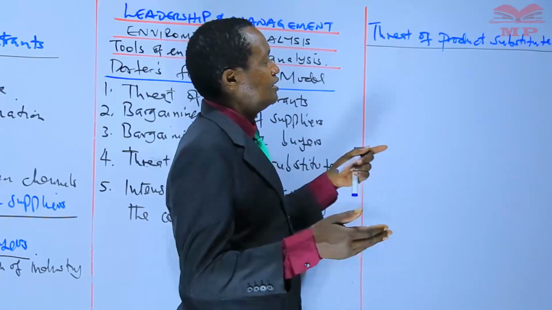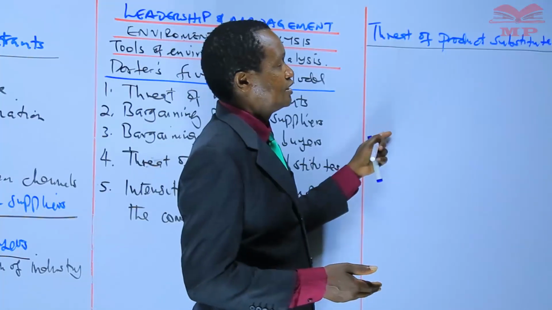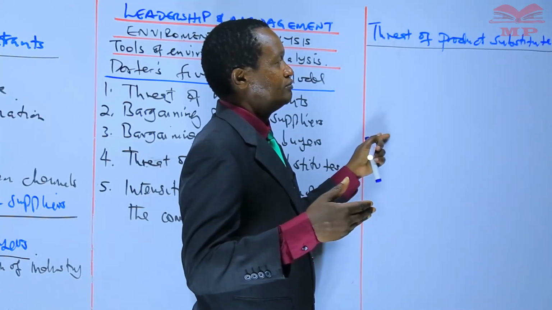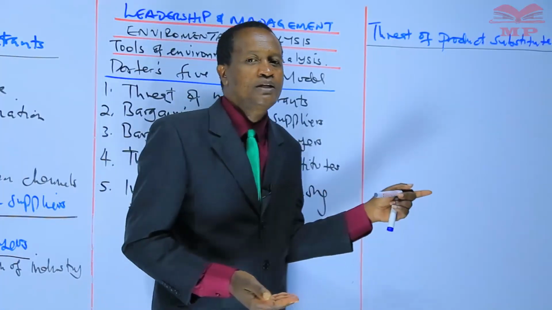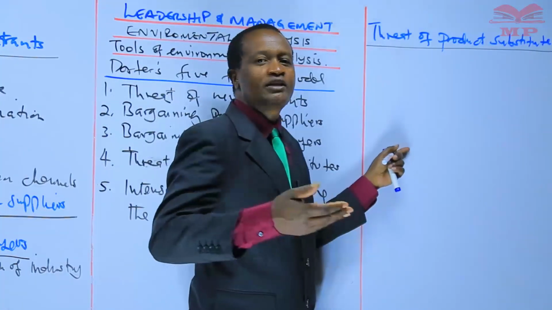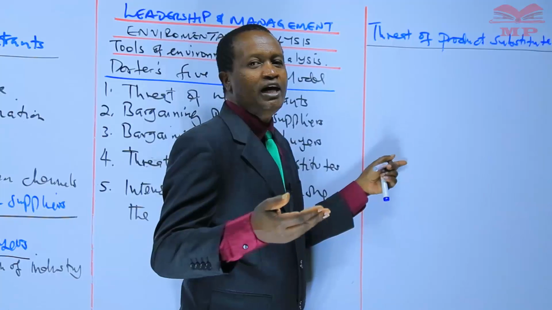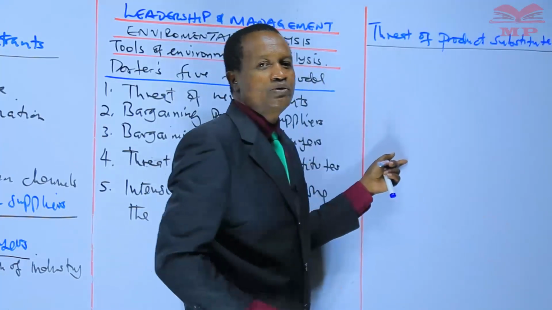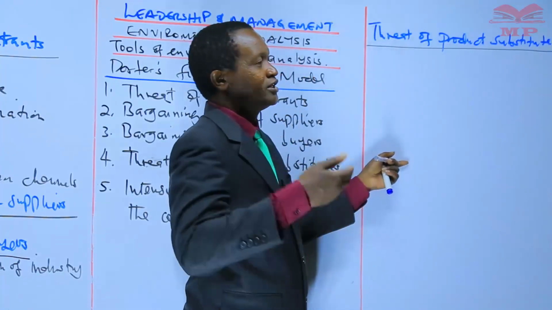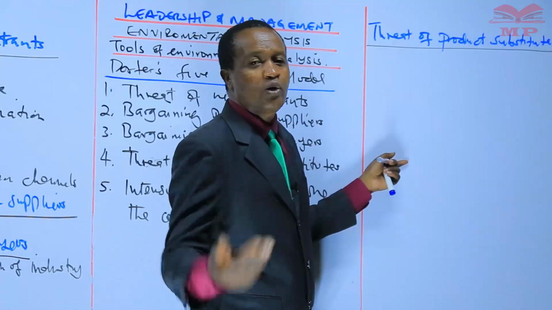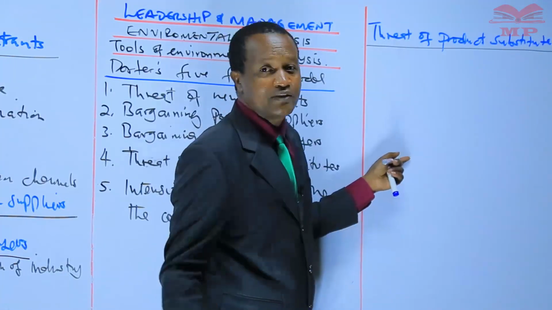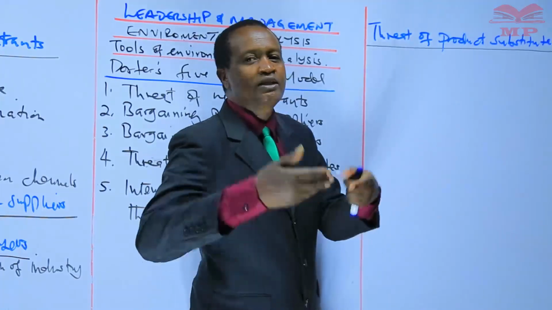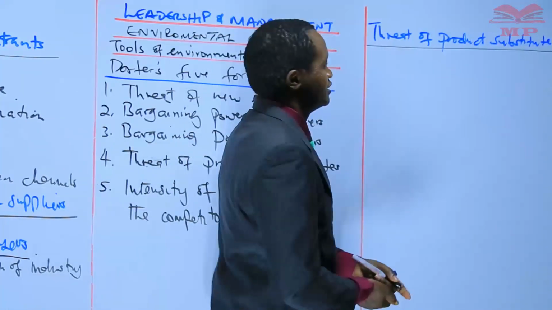So when doing environmental analysis, it's important to check the substitutes that are available in the industry, okay? And differentiating a product along dimensions that customers value, such as price, quality, or services offered like after-sale services, reduces substitutes' attractiveness.